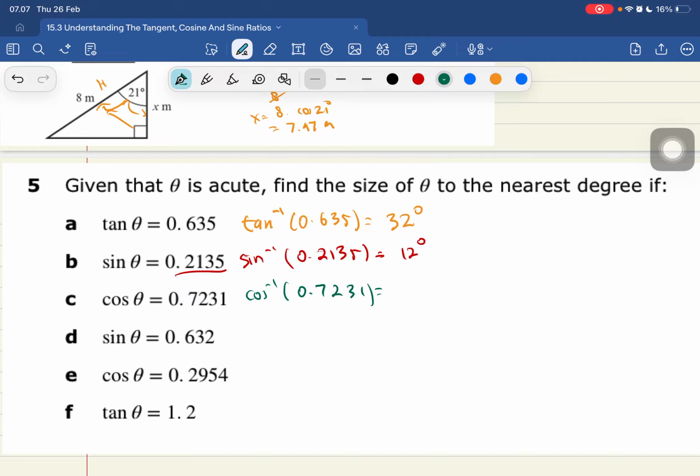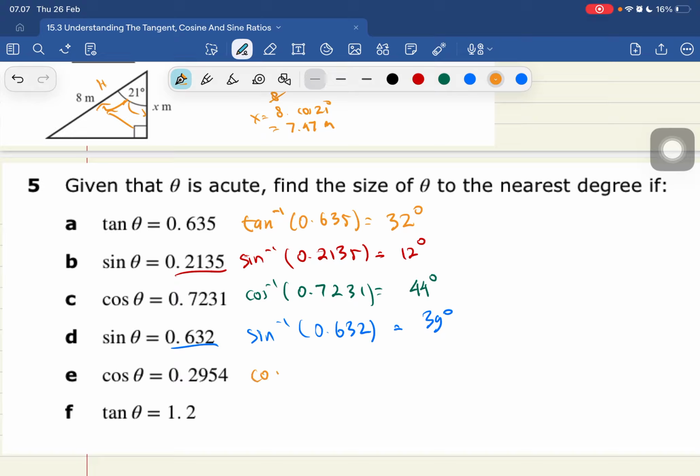So the angle of it is 44 degrees. Next, you can do the same thing in your calculator, sin -1, then write the value 0.632. So the answer to the nearest degree is 39 degrees.